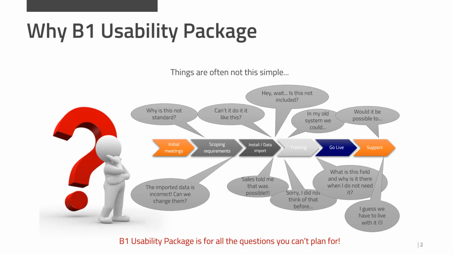And in the end, people might even go live not being too happy with the system because they thought it was something else. So all these questions, that is what B1 Usability Package is for, because you can't really plan them. Some of them you can, but there will certainly be something that goes wrong, in quotation marks.